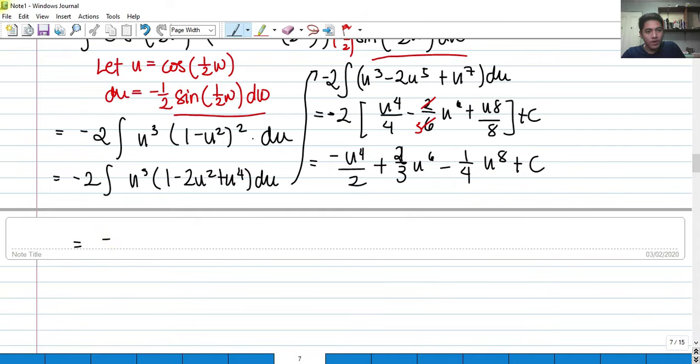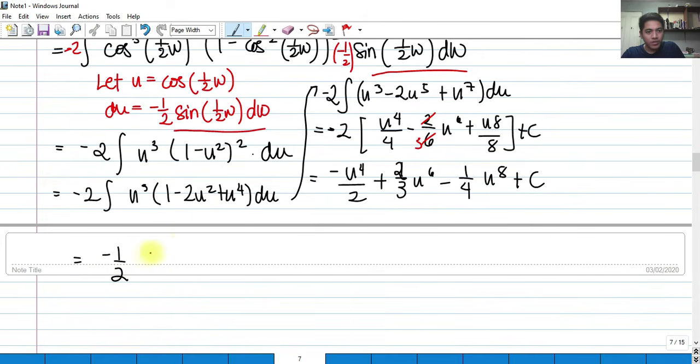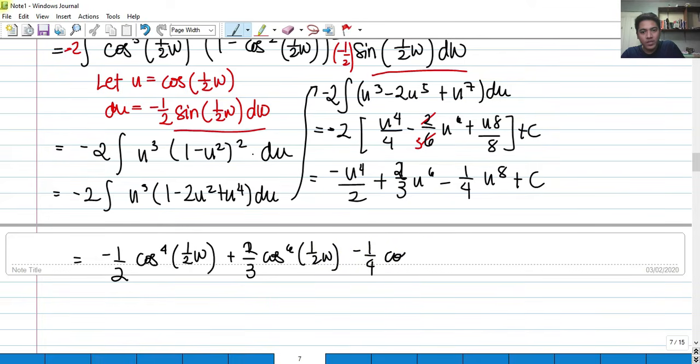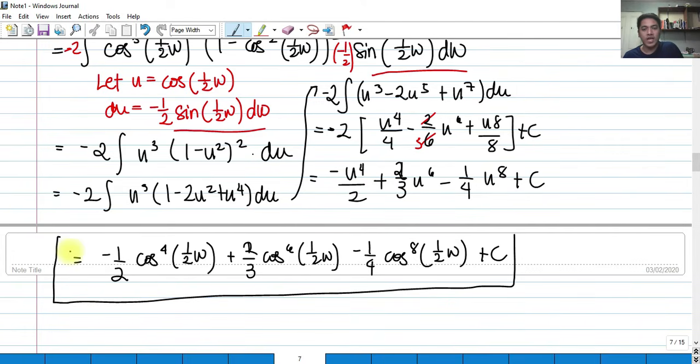So we have negative 1/2 cosine raised to 4 of 1/2 w, plus 2/3 cosine raised to 6 of 1/2 w, minus 1/4 cosine raised to 8 of 1/2 w, plus c. As you can see, our answer is in terms of cosine.